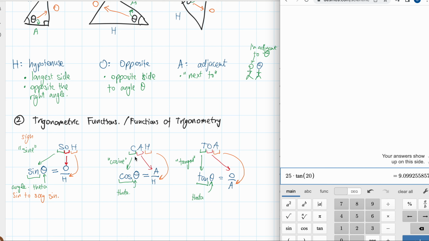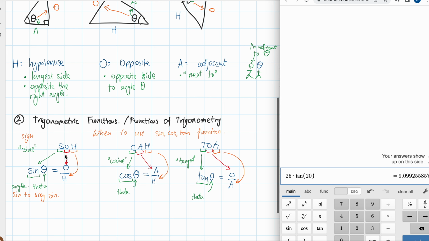If you want to note there, this tells you when to use either the sine, the cosine, or the tan function. Okay? So these are very useful. Let's move on. We're ready to solve now. We've got our labeling triangles and our trig functions ready to go. Let's solve some triangles.